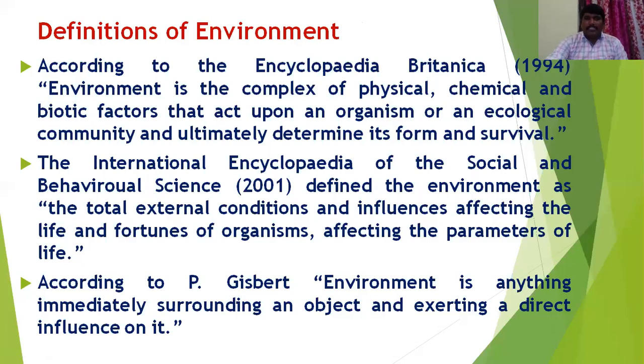The International Encyclopedia of the Social and Behavioral Sciences defined the environment as the total external conditions and influences affecting the life and fortunes of organisms, affecting the parameters of life.